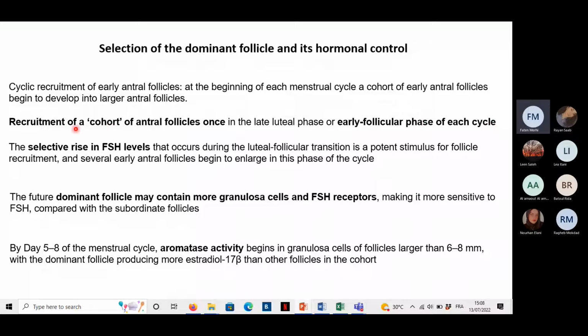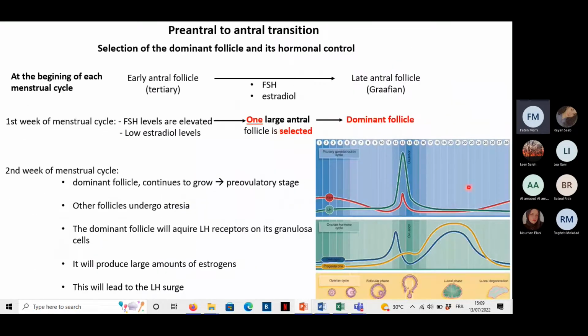So this recruitment of antral follicles happens in the early follicular phase, at the beginning of each cycle, because the early follicular phase is also called the late luteal phase. Here we have the luteal phase. At the end of the luteal phase will start the follicular phase.